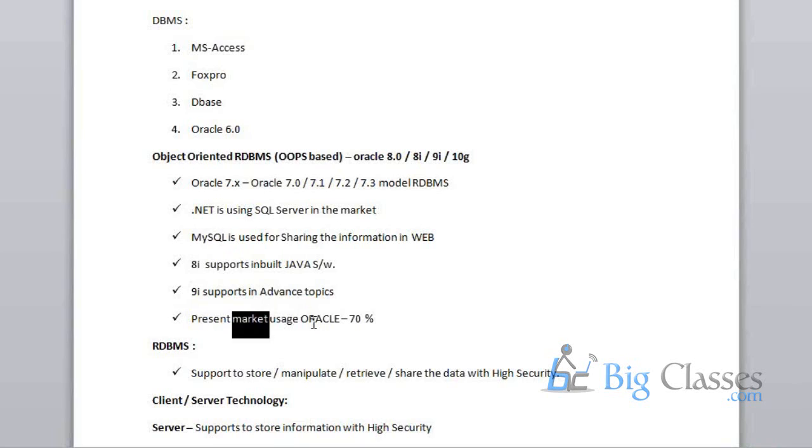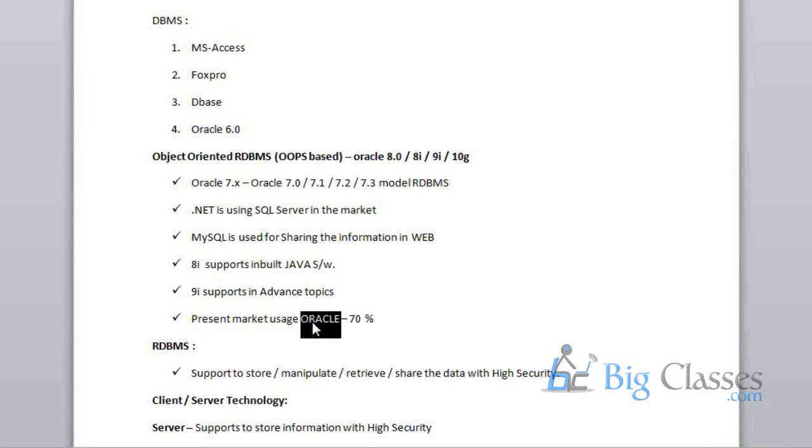Here you can see that around the world, 70% of the IT industry is using Oracle. The remaining 30% is occupied by various databases like DB2, SQL Server, Ingres, MySQL, Sybase, Teradata, all those things.